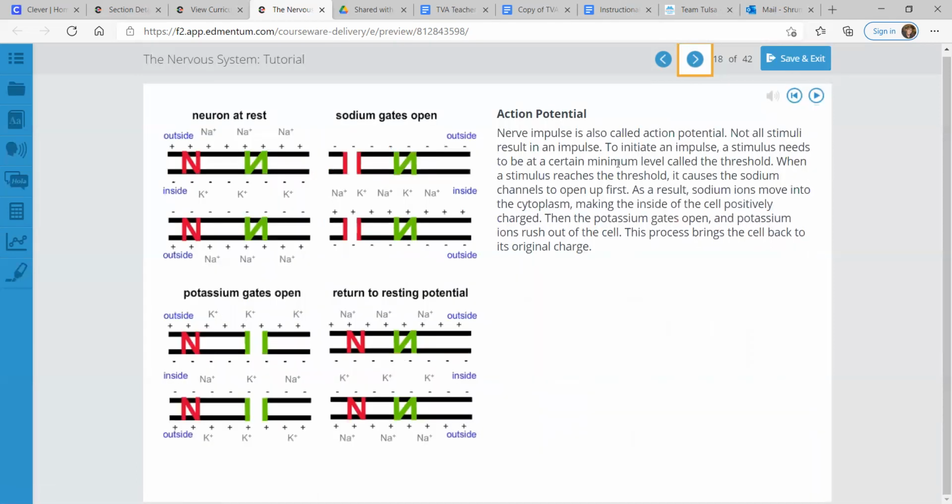So if there's an impulse, a nerve impulse is called an action potential. Not all stimuli will result in an impulse, but to initiate an impulse, a stimulus needs to be at a certain minimum level called the threshold.